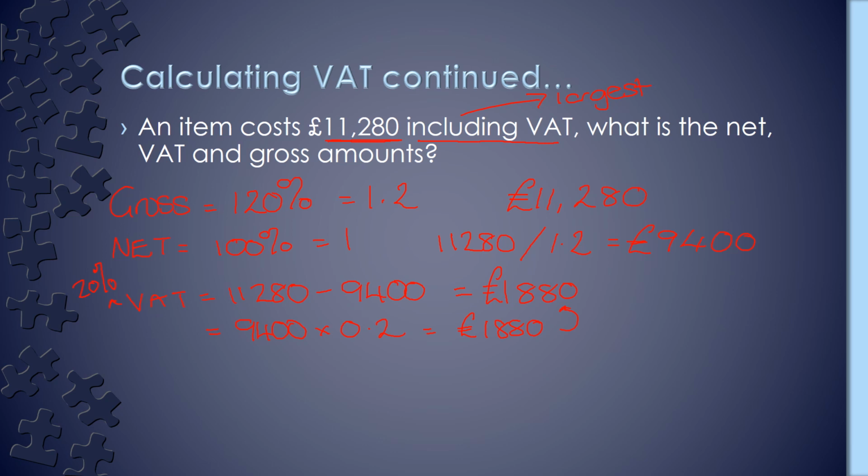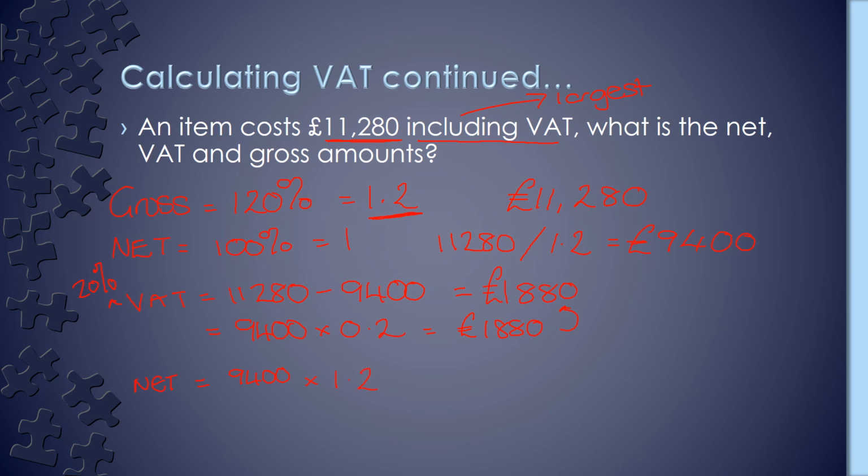So let's just check. With our net equaling 9,400, how could we work out our gross directly from that net amount? Our net amount equals 100. Our gross amount must be 1.2 of net, must be 120% of net.